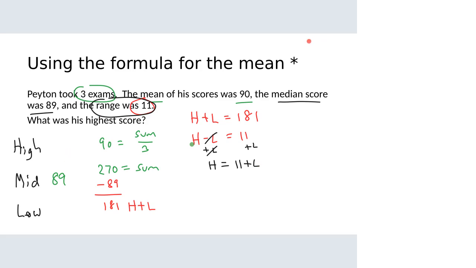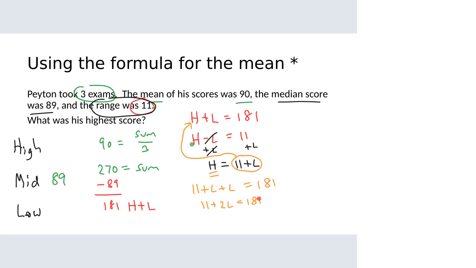Now I take this 11 plus L, because it's the same thing as H, I can take that and put it in here where the H is. And so now instead of H, I'm going to put 11 plus L, plus that other L makes 181. Essentially what I've said here is high plus low is 181. Now we just need to solve this for L, and we'll have our low score. So I've got 11 plus 2L is 181.